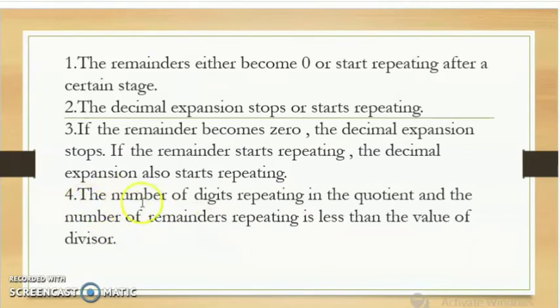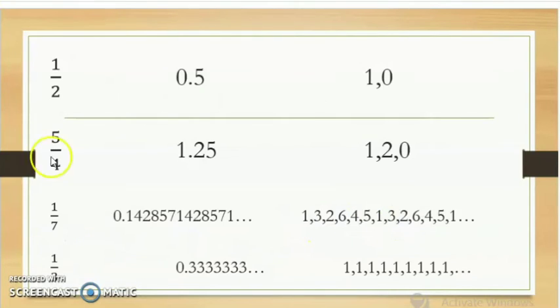This is an interesting fact. The number of digits repeating in the quotient and the number of remainders repeating is less than the value of the divisor. So let's see here: 1, 2, 3, 4, 5, 6, 6 digits are repeating in the decimal expansion. 6 remainders are repeating in total. After every 6 remainders, the 7th remainder is again the same as the first one.